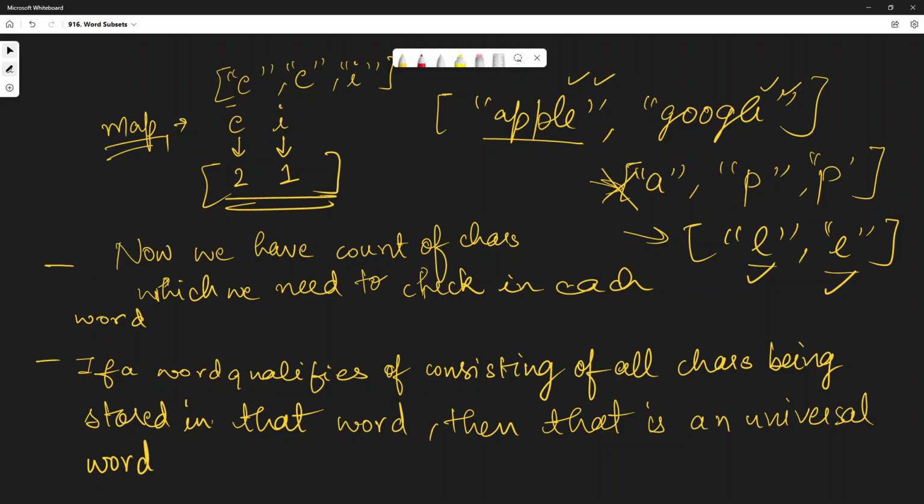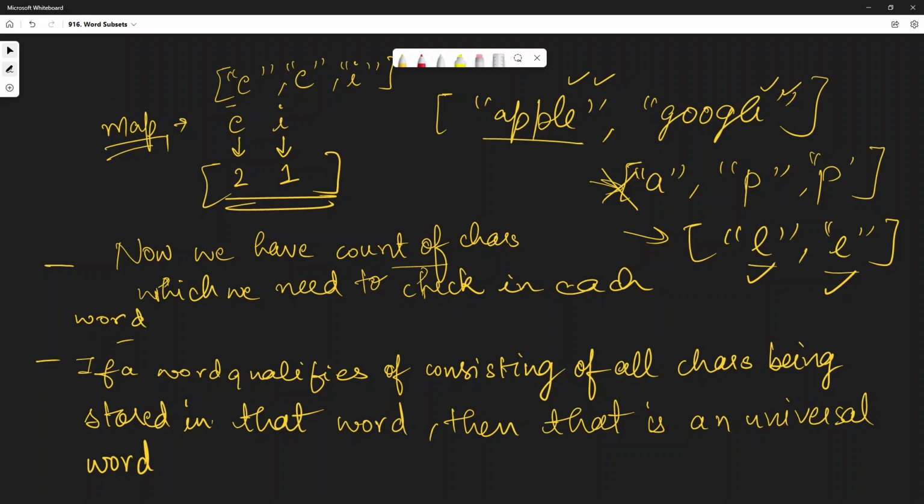It is somewhat similar to yesterday's question, but here we need to keep the count. And here we are not mapping to a particular word, we are mapping according to the character itself present in that word. Now we have the count of chars, which we need to check in each word.